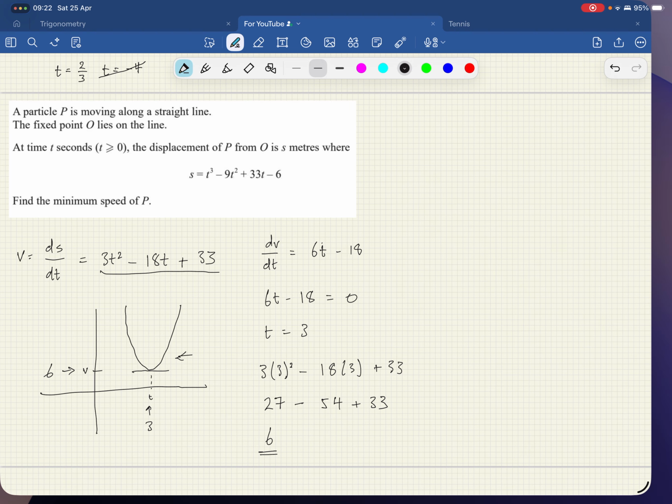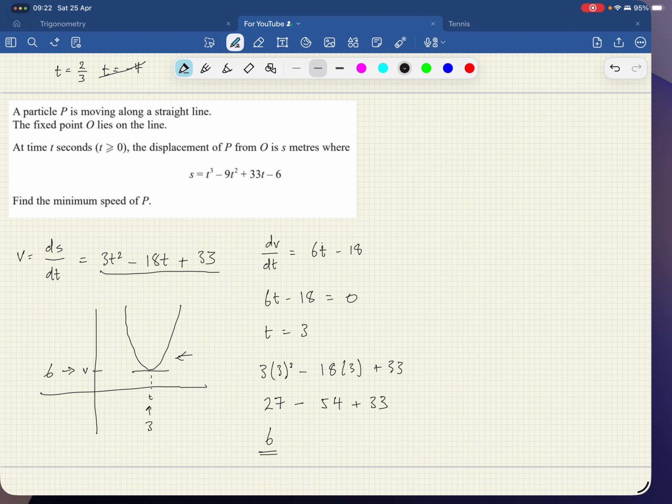So the derivative of position is speed or velocity. The derivative of velocity is actually acceleration, but that's not the issue. That's not what we need to think about. We just need to see the point at which the gradient is 0.